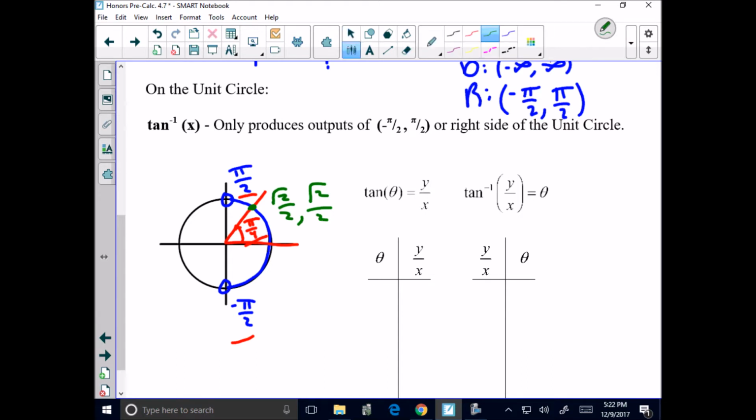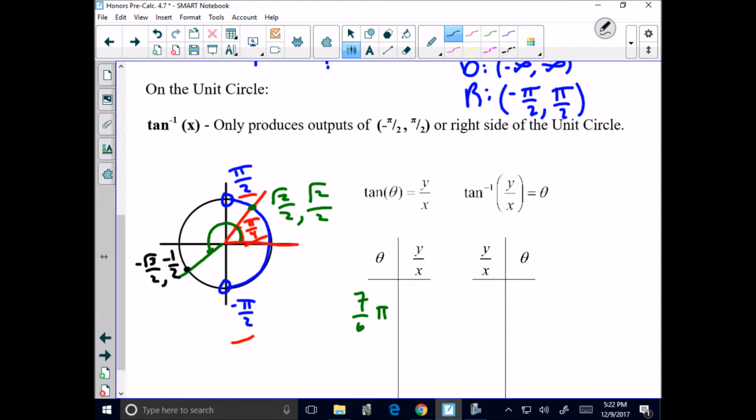Let's say that tan evaluates the rotation that is 7/6 pi. So 7/6 pi is the rotation that goes 1/6 past pi into the third quadrant, where we have the ordered pair that is negative square root of 3 over 2, negative 1/2.